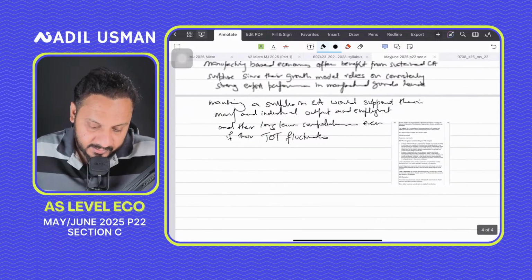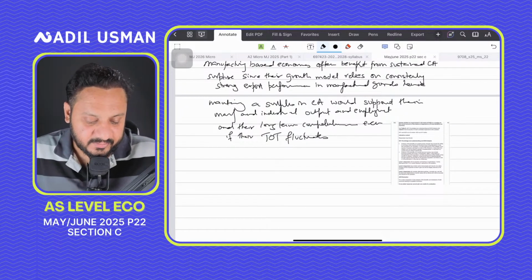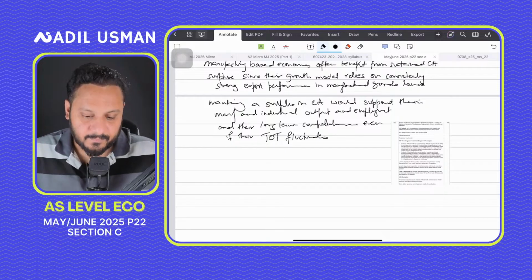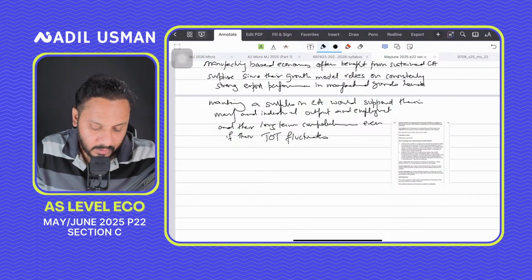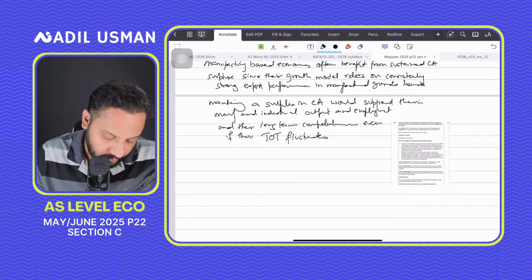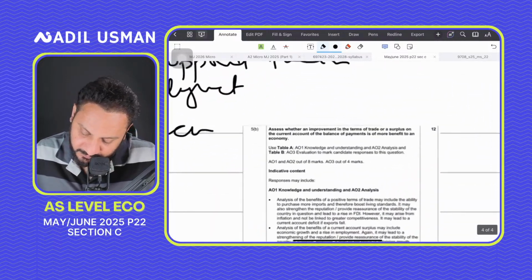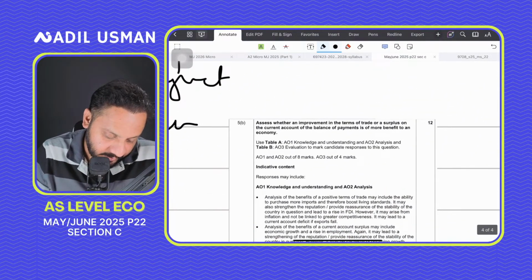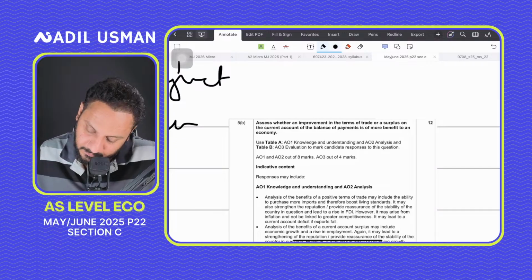So what you could say is, hence to conclude, the question was to assess whether an improvement in the terms of trade would benefit more, right?